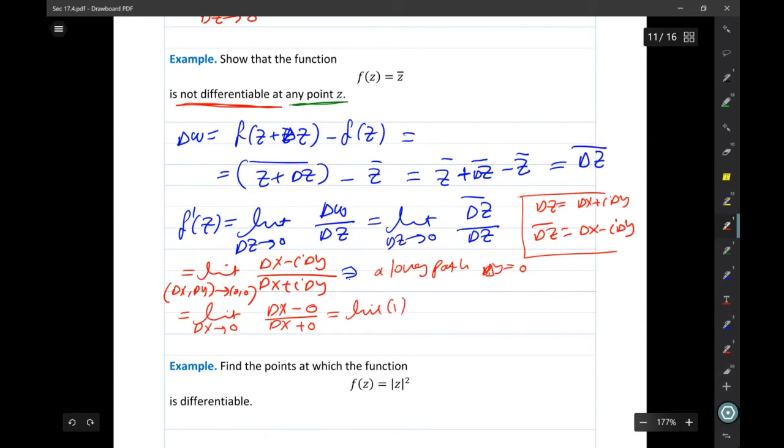A limit of 1, which is 1. This is along the path delta y is equal to 0.